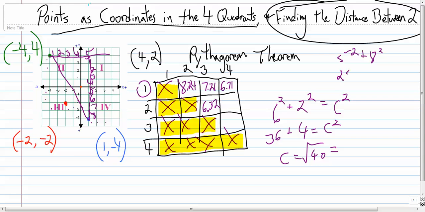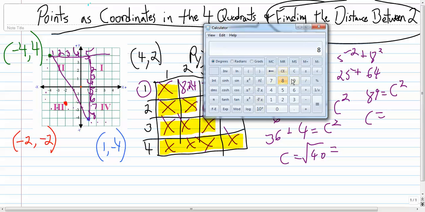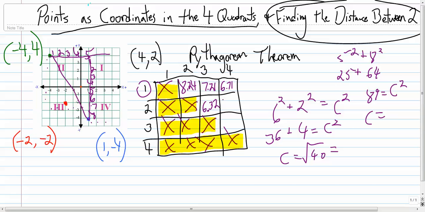So 5 squared is 25, 8 squared is 64. So 64, 74, 84, 89. So it's going to be the square root of 89, so a number a little bit bigger than 9. So let's do this on the calculator. What was that again? I already forgot. Don't get old. Okay, 89 square root, 9.43.